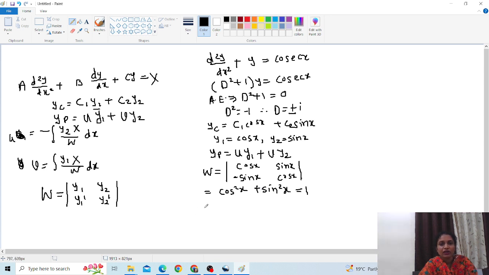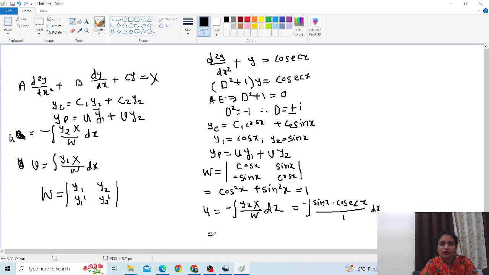Once you get the value of w, let's find u. U is equals to minus integration of y2 X upon w dx. So this is equal to, let's put the values. y2 is sin x, capital X is cosec x, and upon w is 1 and dx.